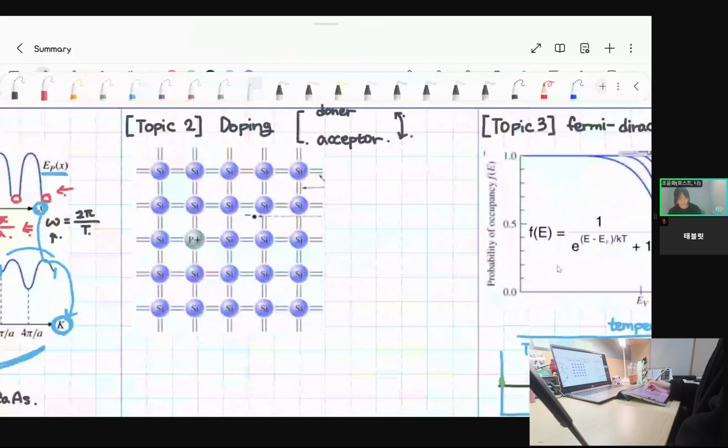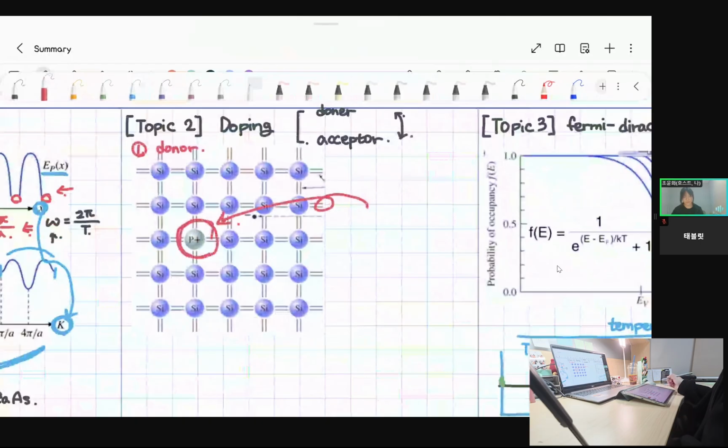Then let's see donor doping first. Donor doping usually puts impurities from group 5, but in this case we put phosphorus as an impurity.